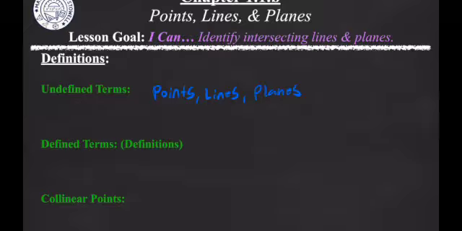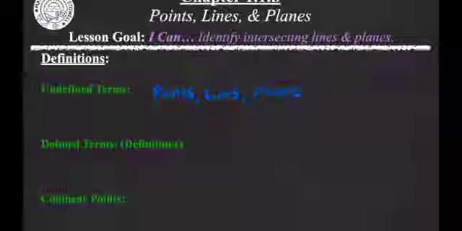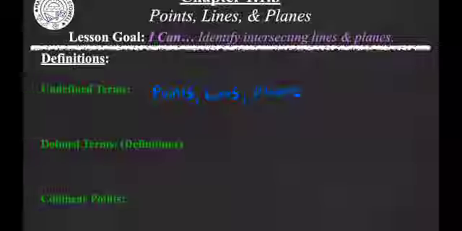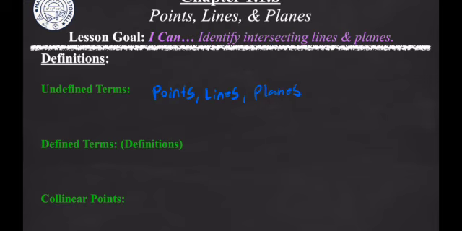Definitions or defined terms, these are whenever we are talking about an exact thing. A definition tells us exactly what something means so that we can use it consistently in problem solving. There should be no misconception about what a definition means.